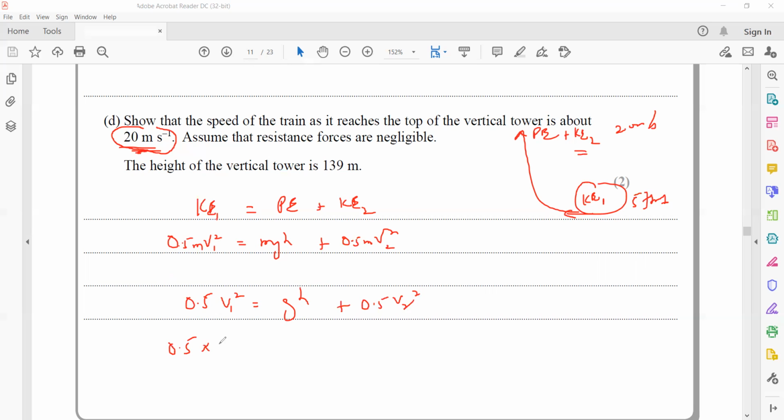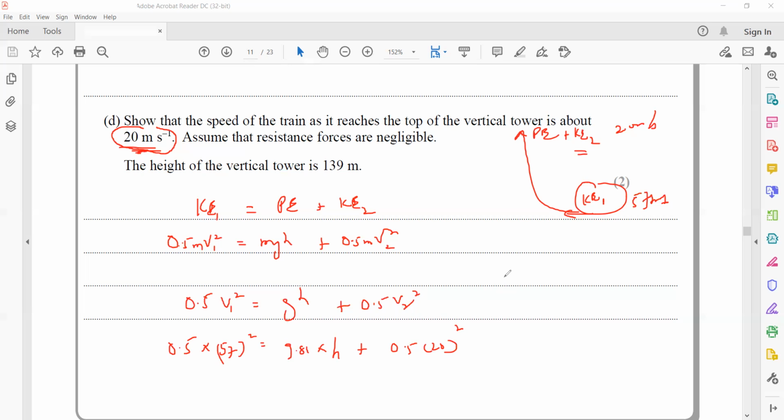So 0.5 times v1, the initial speed, 57 squared, gravity is 9.81, vertical height we are finding, 0.5, and the new speed is 20 squared.